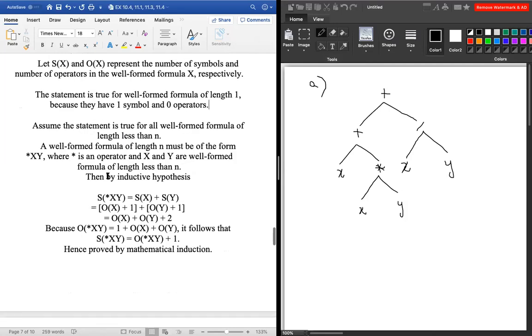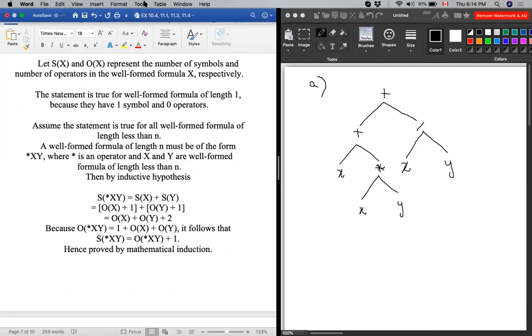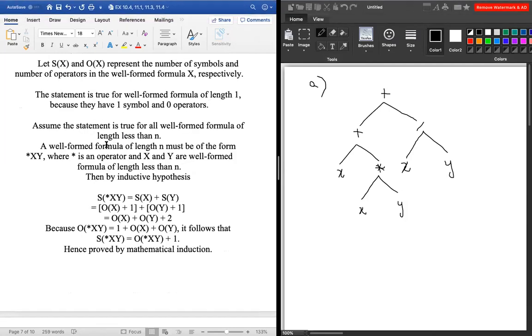Now moving on to the inductive step, we assume the statement is true for all well-formed formulas of length less than n. And then we say that a well-formed formula of length n must be of the form multiply xy, where multiply is an operator and x and y are well-formed formulas of length less than n.